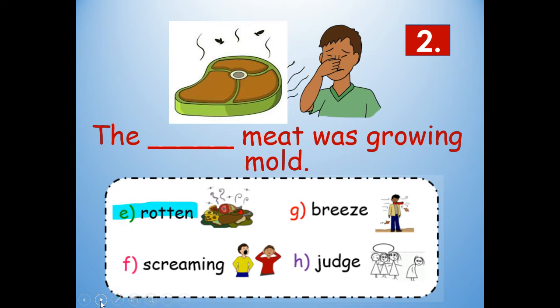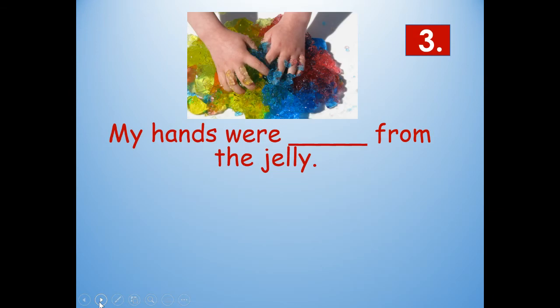You're right, it's rotten. The rotten meat was growing mold. R-O-T-T-E-N, rotten. Make sure you double that T to make the O stay short. Rotten.